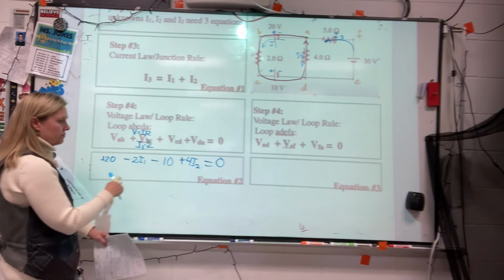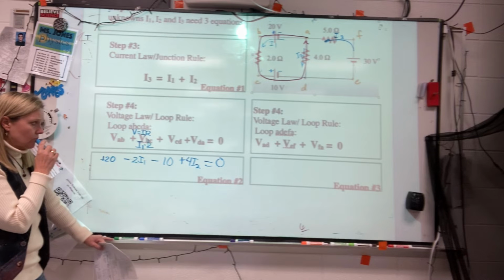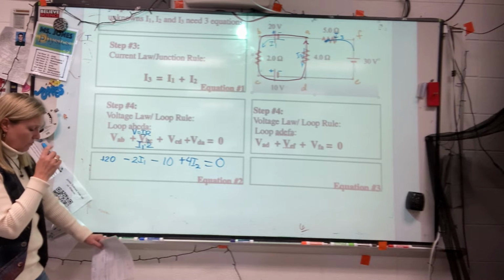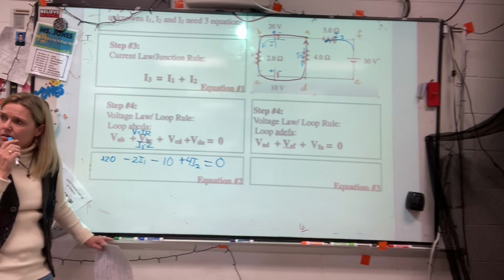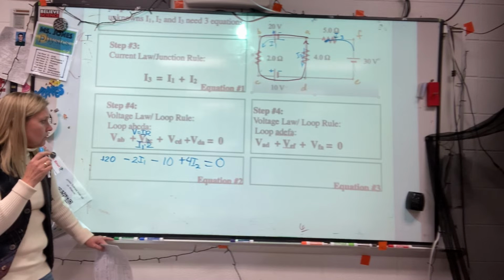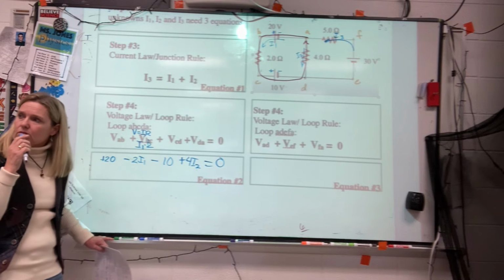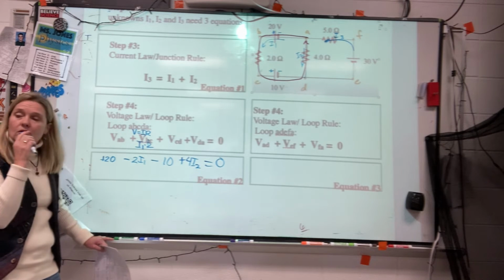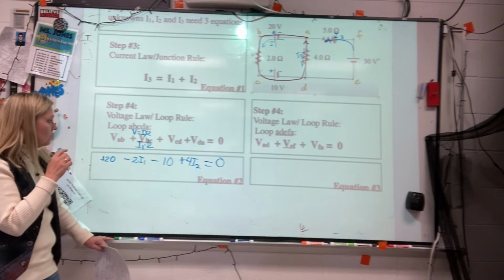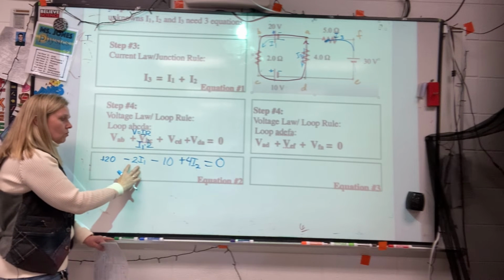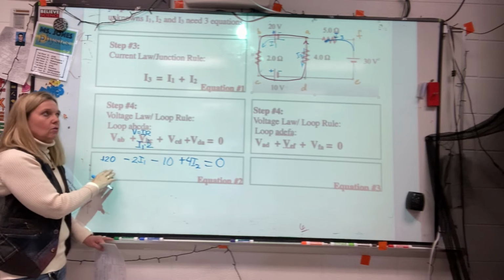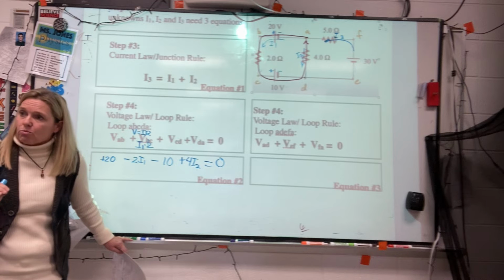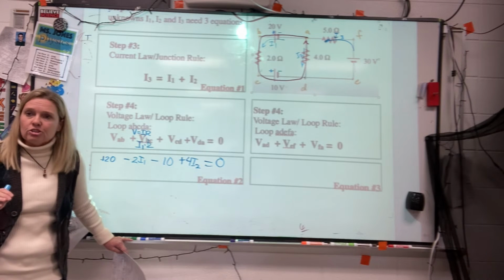Why not call I1 negative? Because we are going from the plus to the minus terminal. Why call it negative? We're calling it positive. Voltage AB is positive. Why aren't we calling it negative? Because you could say it's going from the positive, but no, we have a set of rules and we can't change the rules.